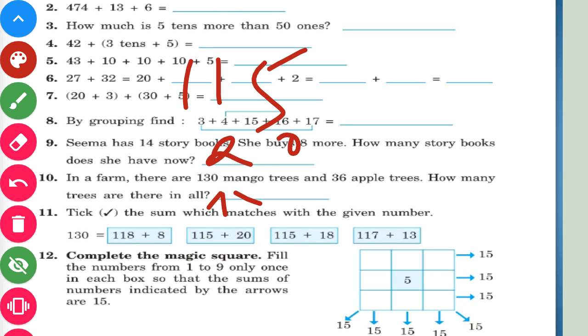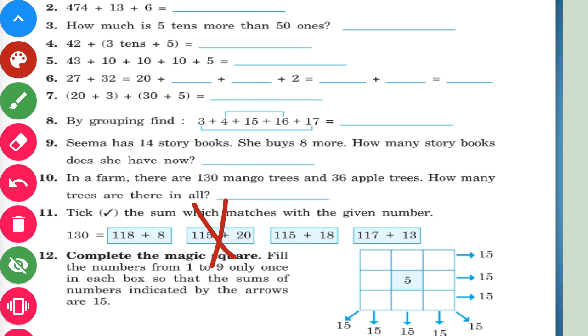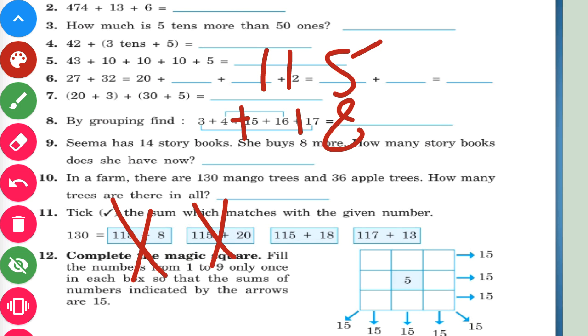Adding 115 plus 20, we will get 135. This is also wrong. Now 115 plus 18. 8 plus 5, 13. 1 plus 1, 2, 1, 3 and 1, 133. This is also wrong.